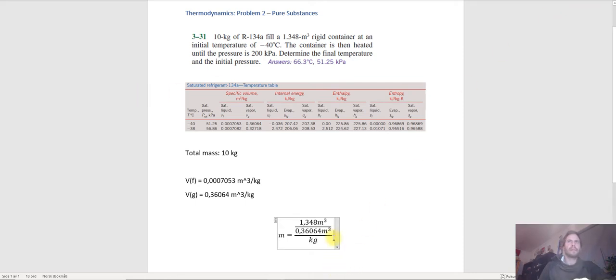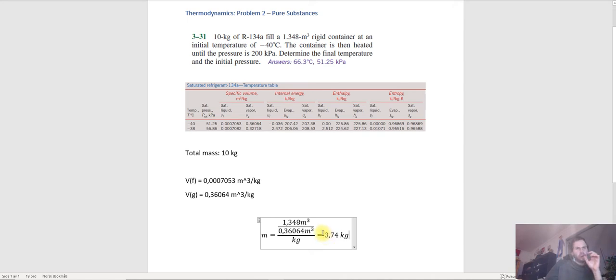If the entire container was filled with saturated gas, let me use the calculator: 1.348 divided by 0.36064. The answer is 3.74 kilos. So it would be only 3.74 kilos.